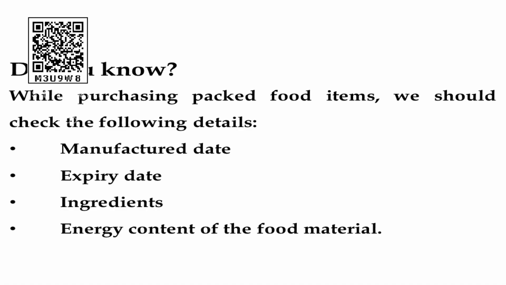Now, hereafter you should follow the technique which I am going to tell you now. Whenever you are going to the shop, whatever you are buying, definitely you have to see the manufacture date, expiry date, ingredients present in it and the energy content of the food material.